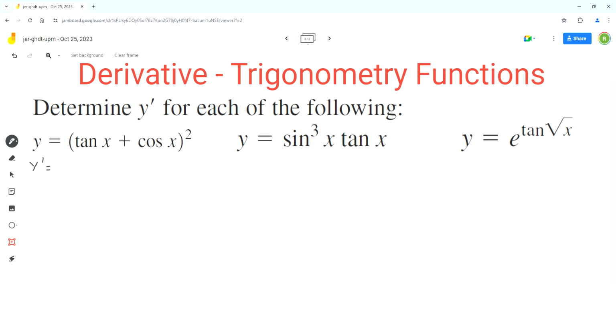We use the power rule: we move the exponent 2 to the front of the term and subtract 1 from the exponent, times the derivative of the inner function. In the parentheses, the derivative of tan x is secant square x and the derivative of cosine x is minus sine x.